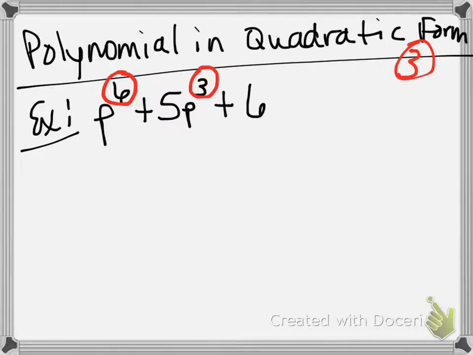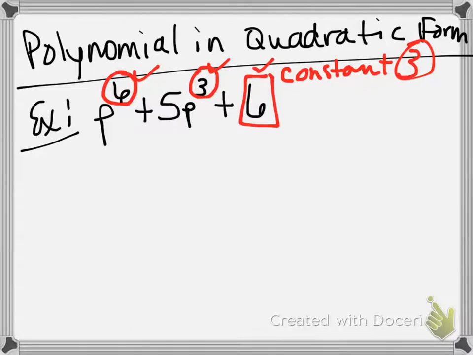And then the last term is a constant. So if this exponent is double this exponent and the third term is a constant, then you have a polynomial that's in quadratic form.